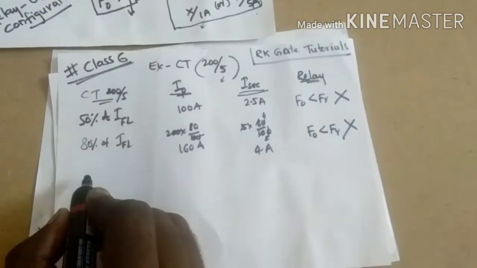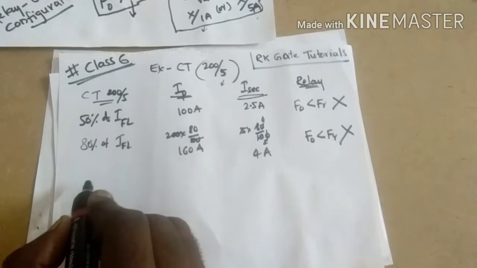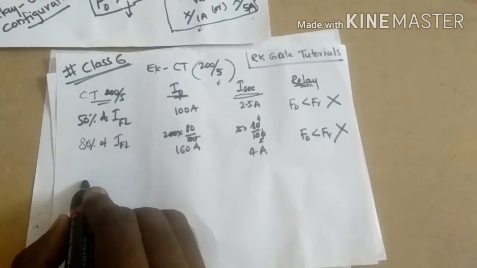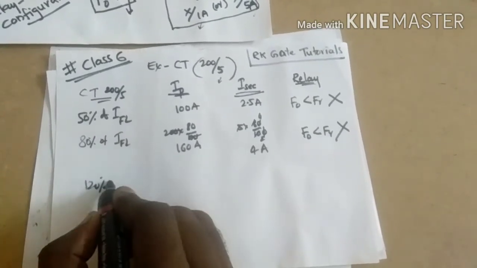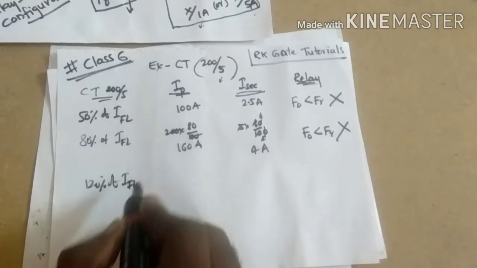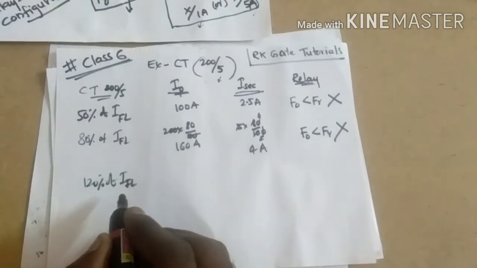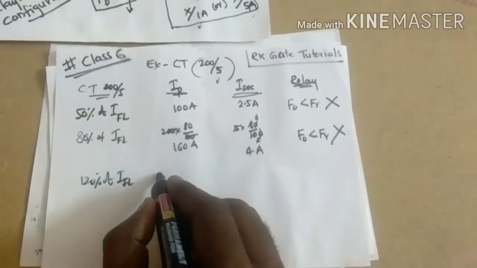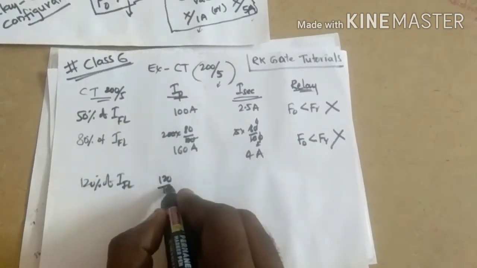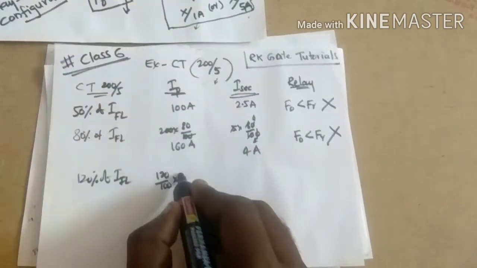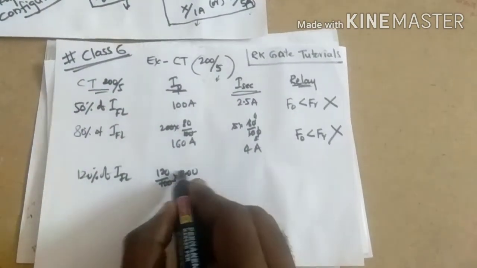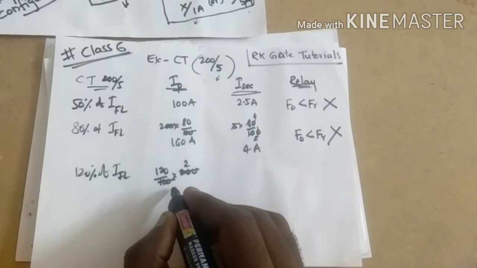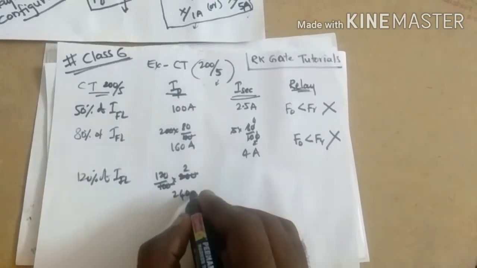Next, let us take another condition: 120% of full load current. This is the case we have to see now. 120 by 100 into 200, so it is going to be 240 amps in the primary of this line.